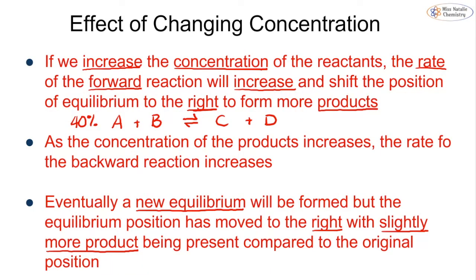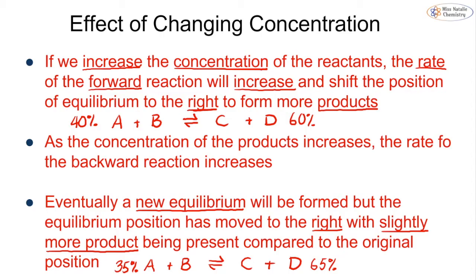40% A and B and 60% C and D. Once this reaction has changed its conditions and I've changed that concentration, my reaction is going to have shifted the position of equilibrium, and so I might find that my composition of A and B has actually gone down to 35%, and I have then formed 65% of my products.